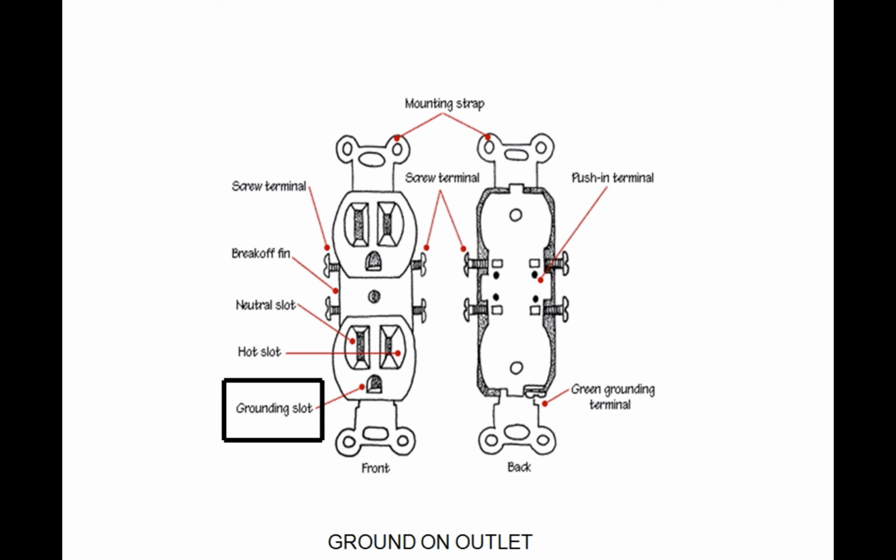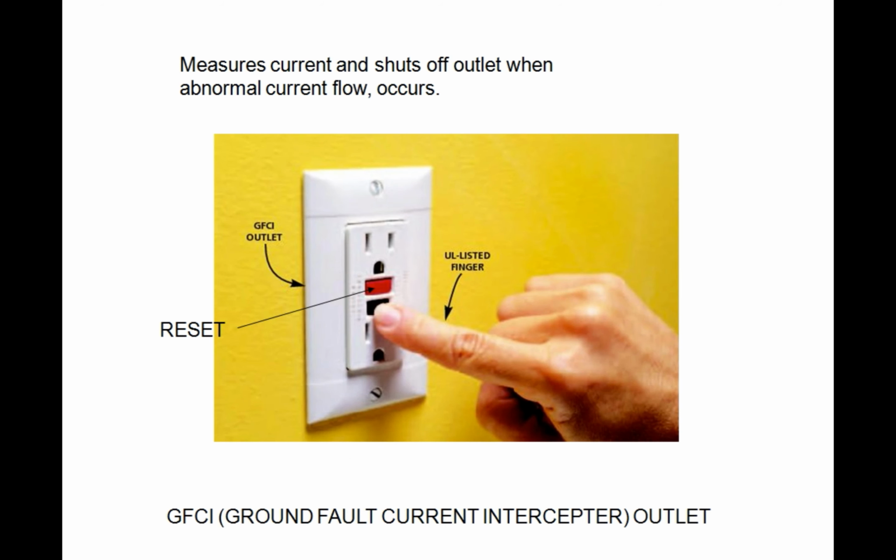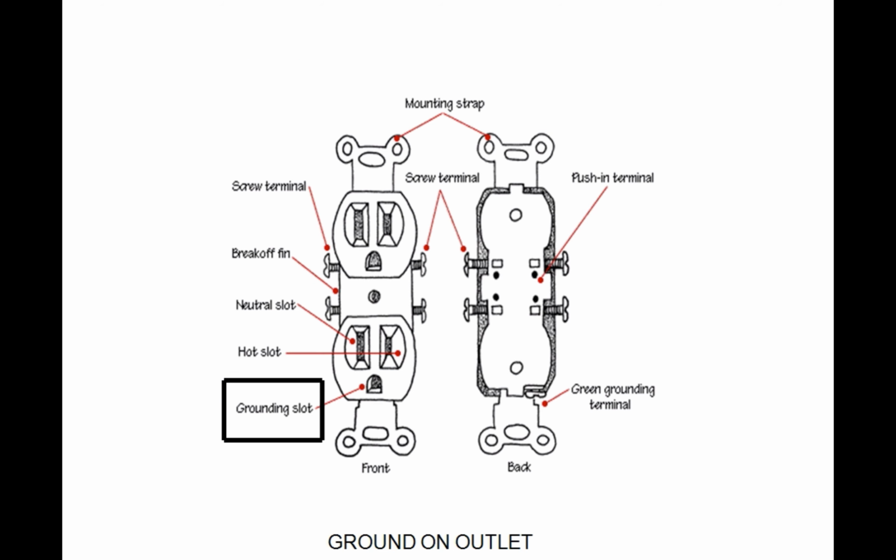So this is what it looks like on the inside. If you take the face plate off, which is the white rectangular item that you see there that covers the rest of the wall opening around the outlet. So this is what the outlet looks like on the inside.